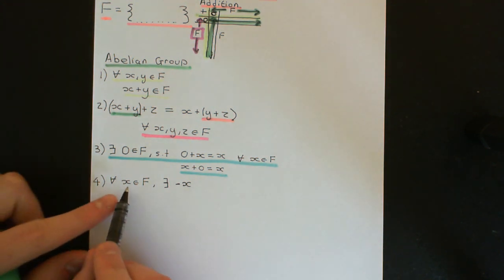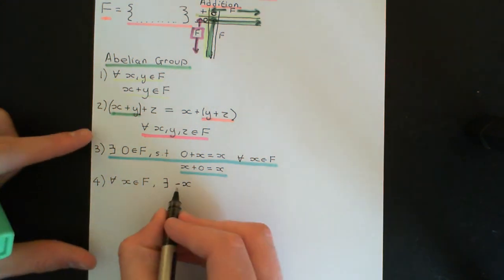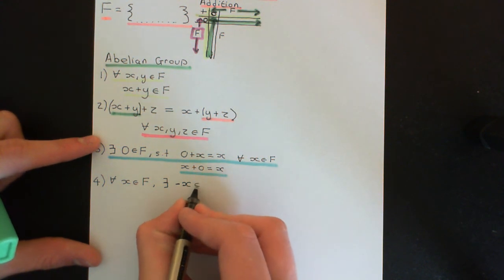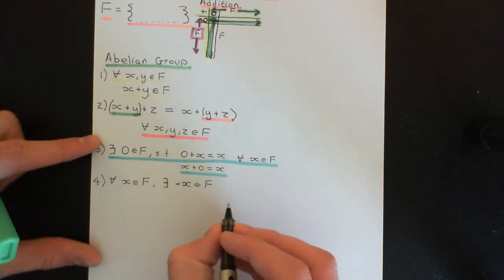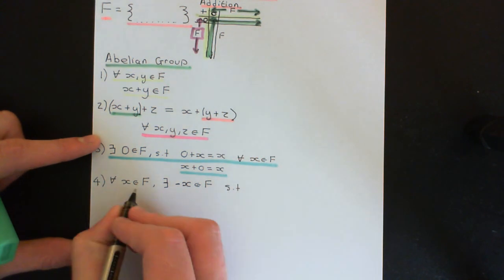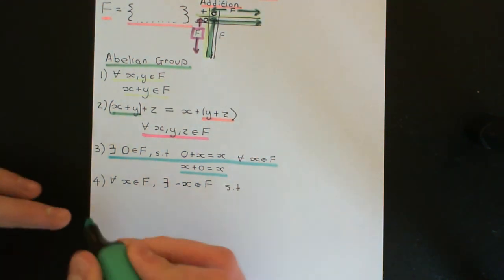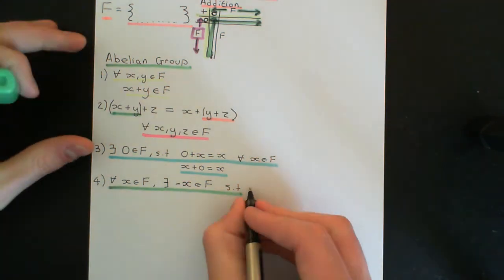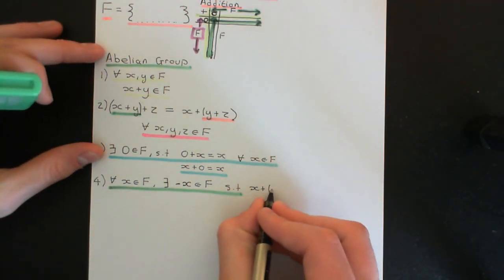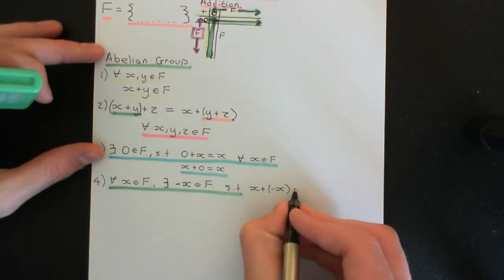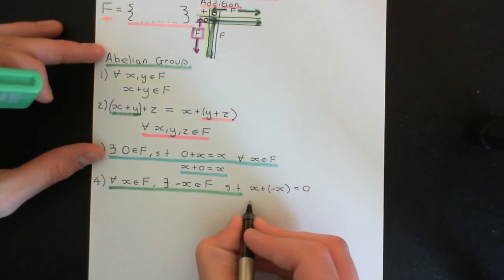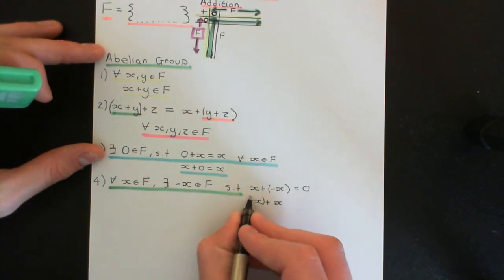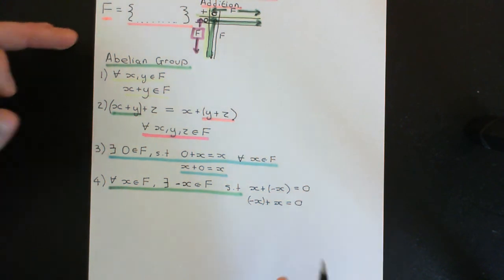So for any element of the set capital F, there must exist its additive inverse, which we'll call negative x, an element of the field capital F, such that if I take x plus this other element negative x, I will get the additive identity back again, and if I do it the other way around, negative x plus x, I will also get the additive identity back again.